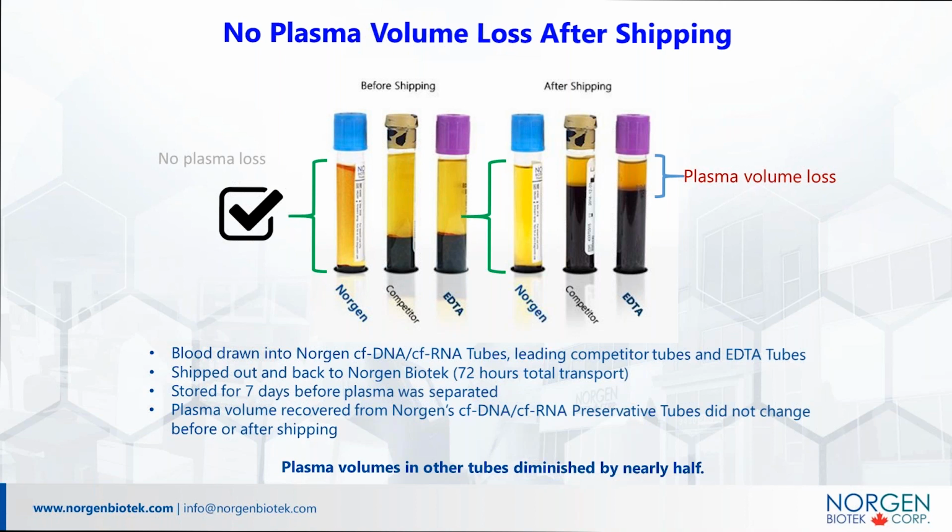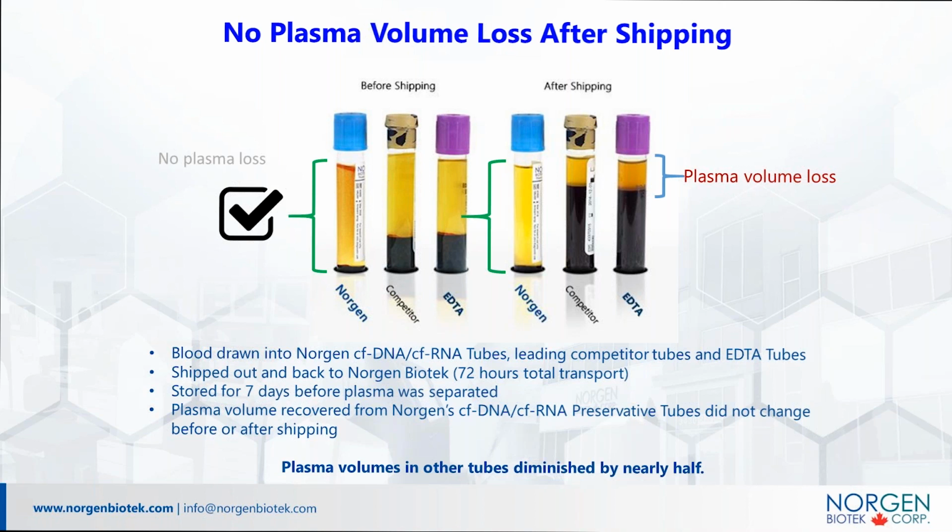So once you mix the blood with the preservative, the components of the preservative will pull down the red blood cells and white blood cells without any centrifugation, as if it's pelleting it. And so the blood cells are not going to be moving around or floating around in your blood tube during shipping. So it's not going to take away any plasma volume. That's why we are not losing any volumes.